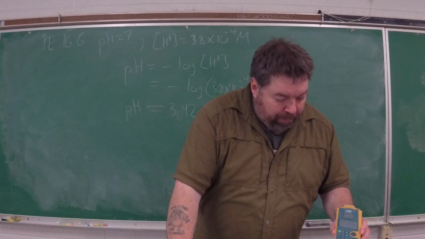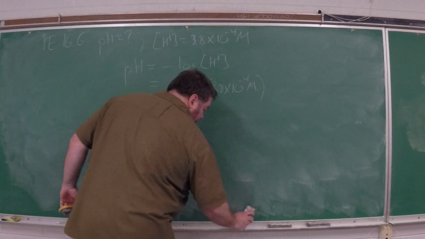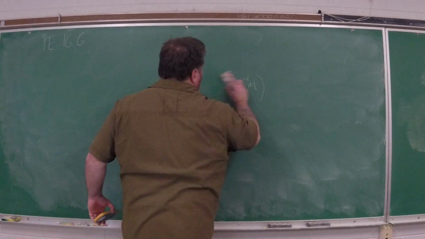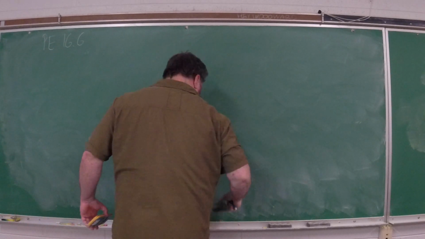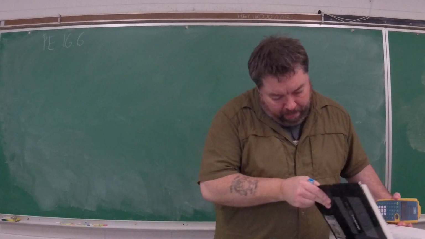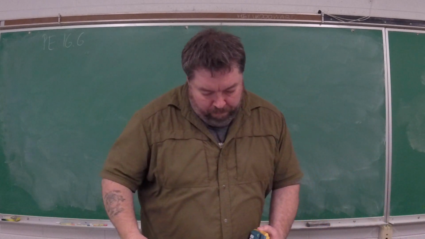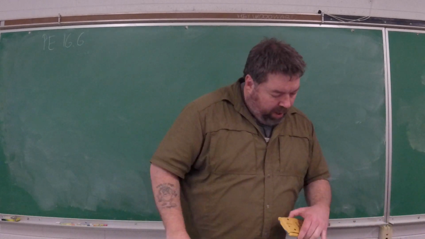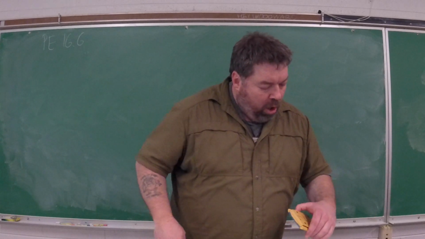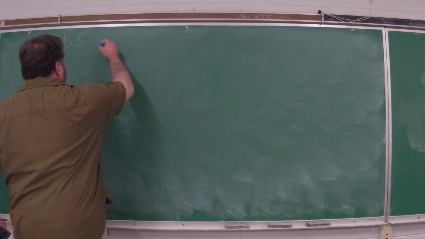Let's look at one a little bit more complicated. Let's take a look at B. It asks, what is the pH when the OH minus concentration is 1.9 times 10 to the minus 6 molarity?